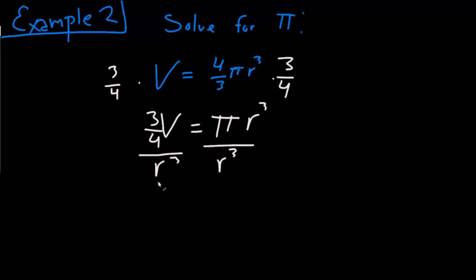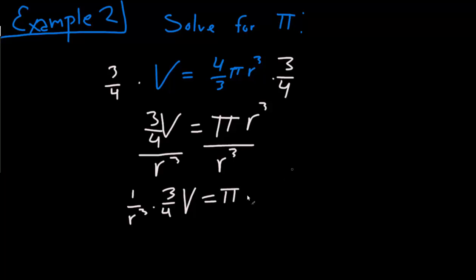And what we can do with this is just, if we're dividing by r cubed, we can consider that multiplying by 1 over r cubed. And we're going to have pi all by itself on the right side.